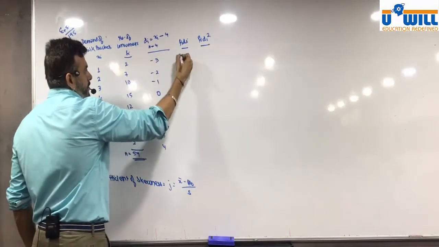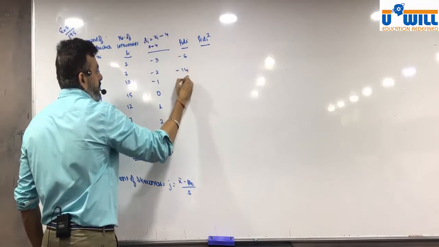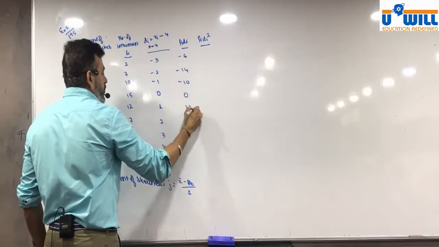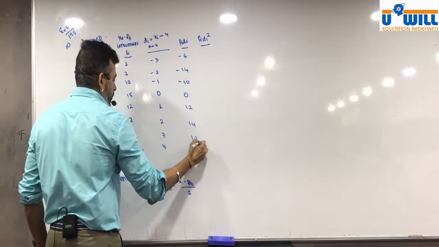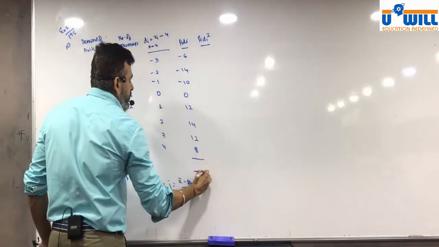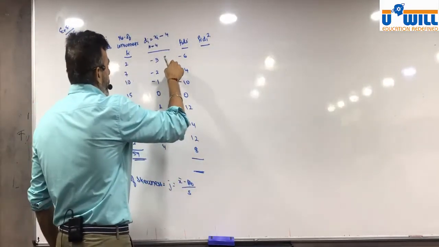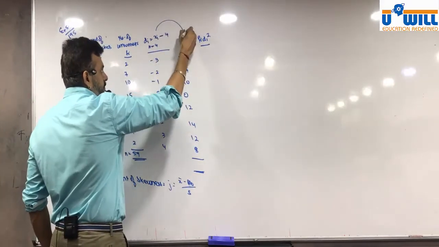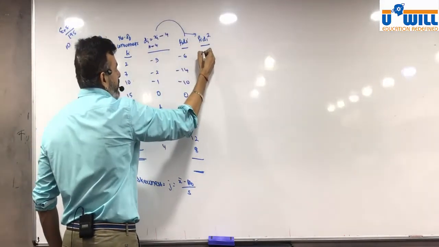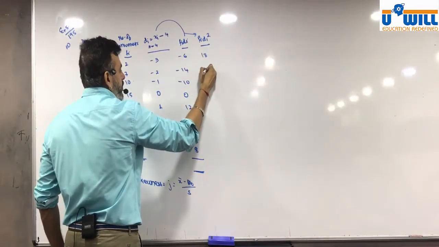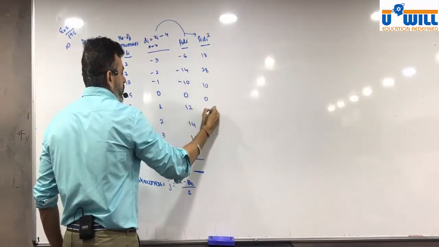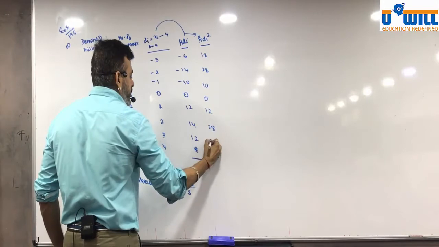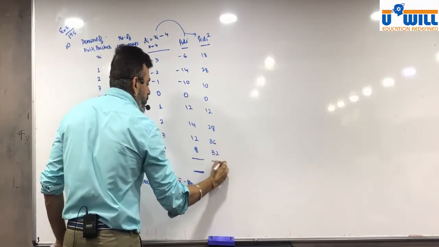Fi into di: -6, -14, -10, 0, 12, 14, 12, 8. Fi di square, fi di into di, this into this is equal to fi di square: 18, 28, 10, 0, 12, 28, 36, 32.